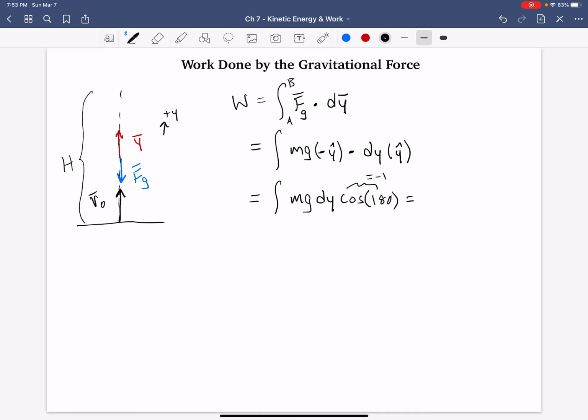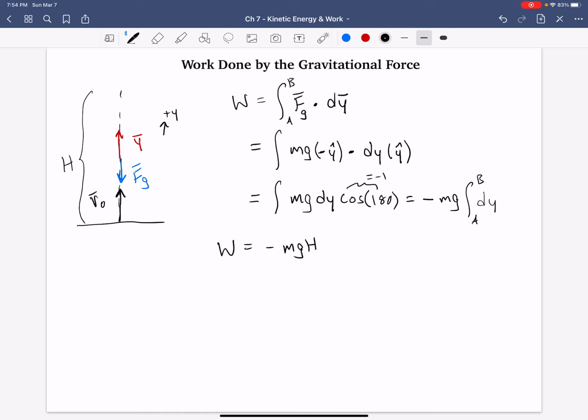And so the work done in this case is negative mg times the integral of dy, going from some height A to some height B. That really boils down to simply being negative mg capital H. And that's our work.